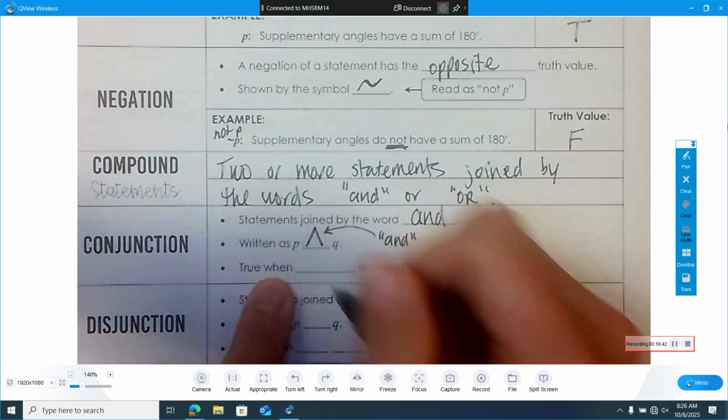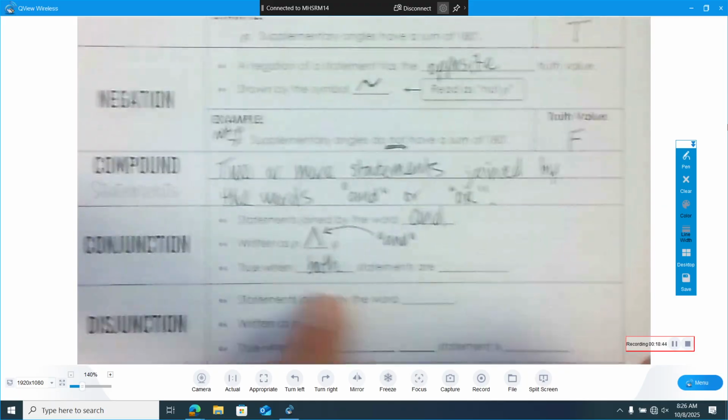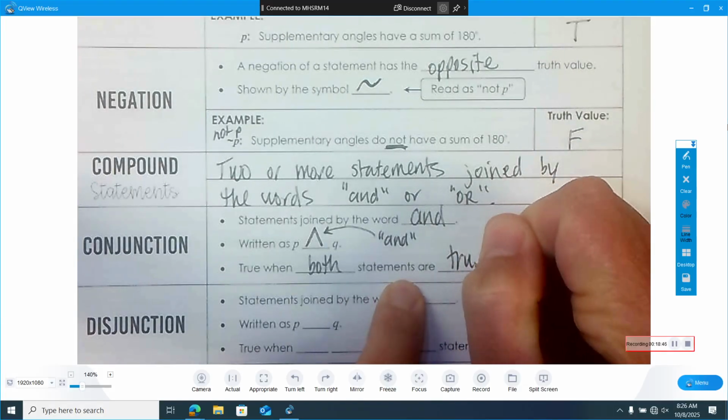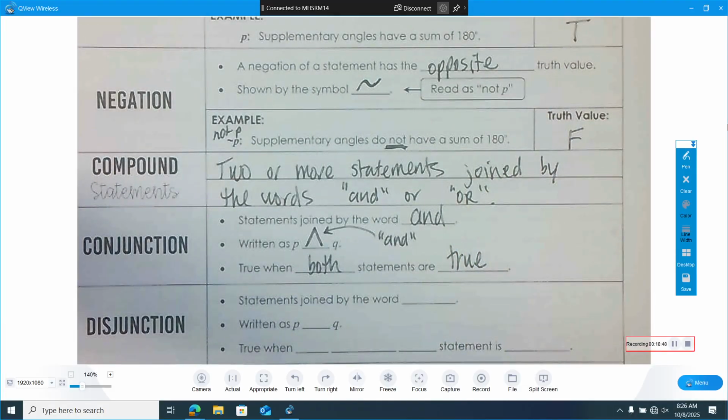Very important here. For a conjunction to be true, both parts have to be true. If only one thing is true, the whole thing is not true. We have to be very careful.